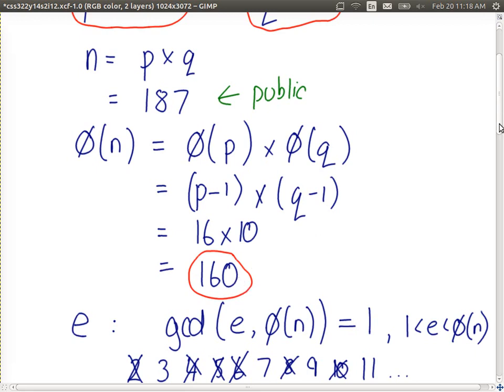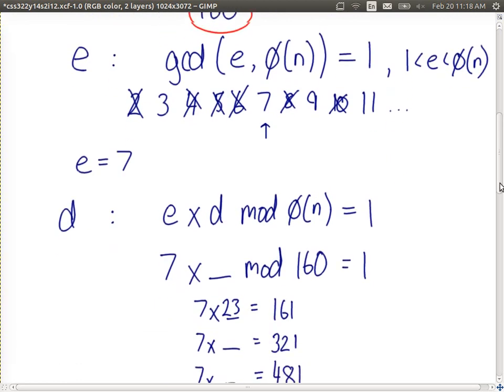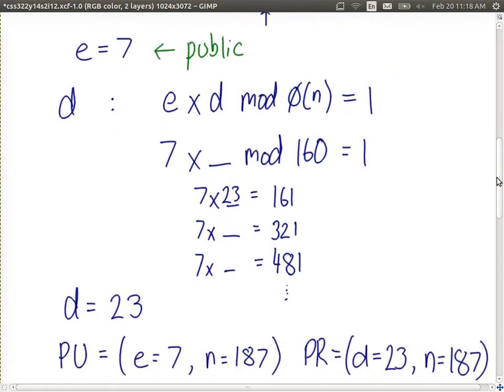We'll see why. E is public. We'll set that as our public value. And D is private or secret.